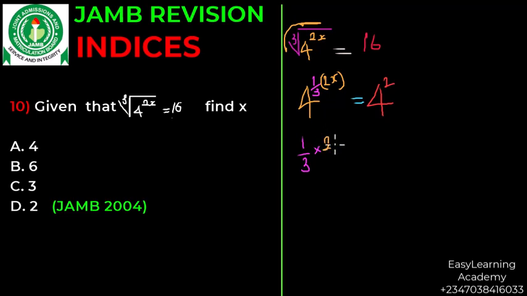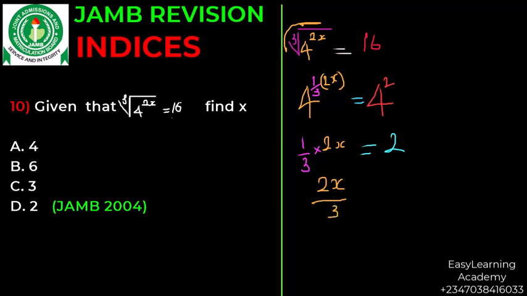So times 2x equals to what we have. The power for the right hand side is 2. So we can solve this out by saying 1 times 2x will give us 2x, and 3 times 1, of course, will give us 3.